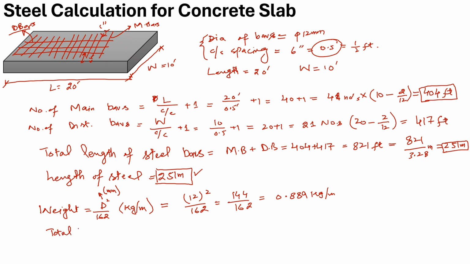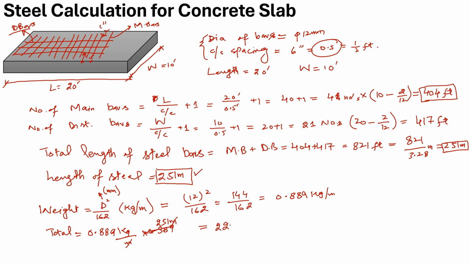So how much total steel weight will be required? Simply we will multiply the weight of 1 meter of bar with the total length. So it will be 0.889 kg per meter multiplied by 251 meters. Meter will be cancelled, and we will get an answer of 223.11.